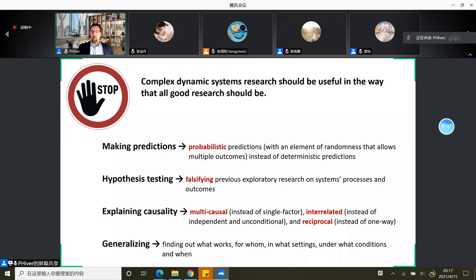And finally, complexity research allows us to particularize. We can say what works with a specific focus on for whom, in what settings, under what conditions, and when. So keep in mind that complexity research must be useful in the way that all good research must be useful.